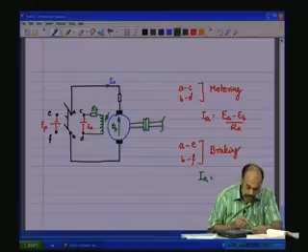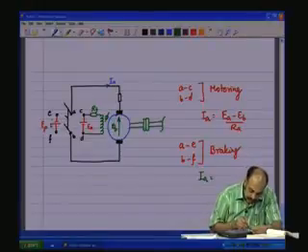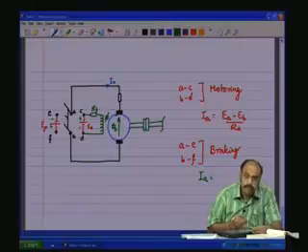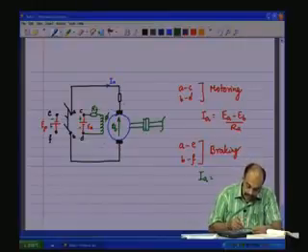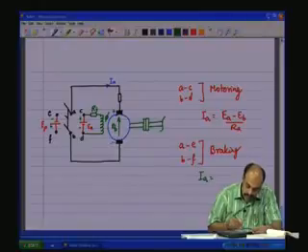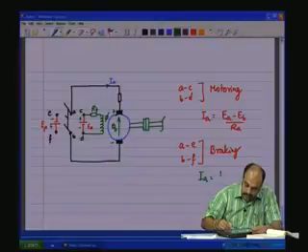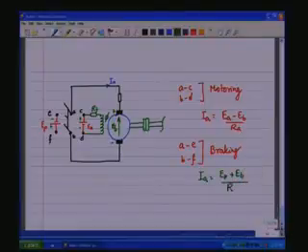Now, you see the polarity here. We have applied a reverse polarity here as compared to EA. So, this would be in line with the generated back EMF polarity. So, IA would be EP plus EB by RA, and that is in the reverse direction.